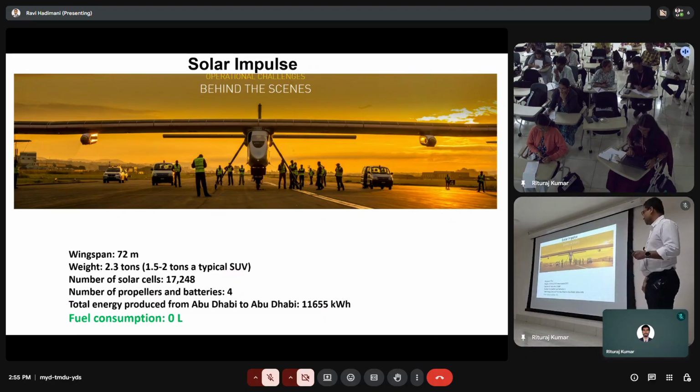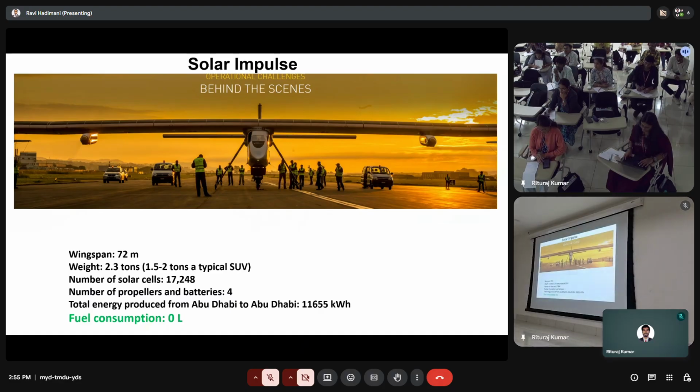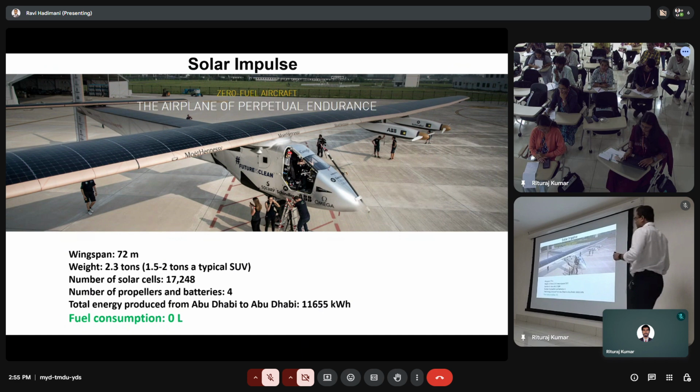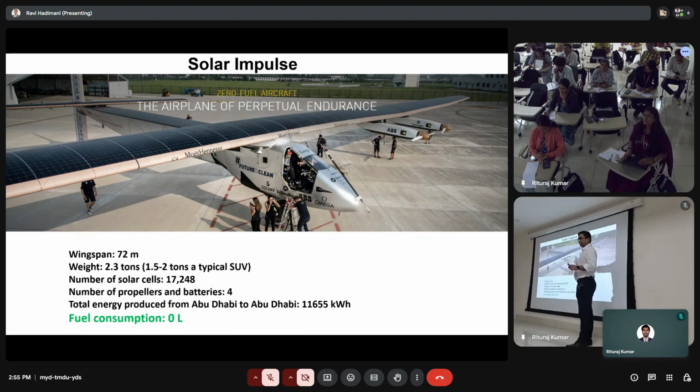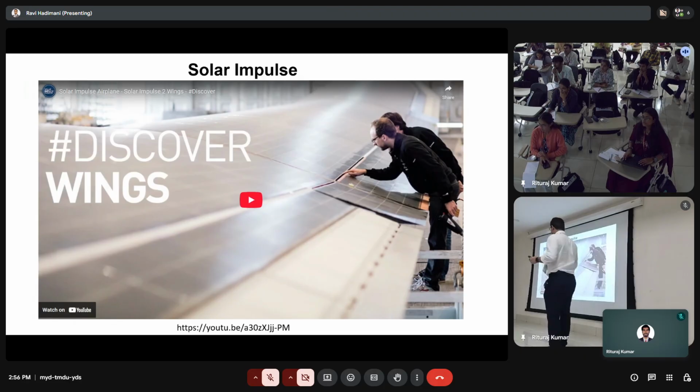The total energy produced from Abu Dhabi to Abu Dhabi is 11,655 kilowatt hours. Fuel consumed is 3. This was a big milestone: an aircraft went around the earth without using any fuel. Of course, they had to make the aircraft more than 90% composite.